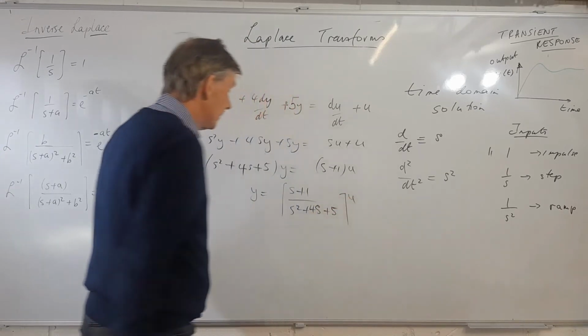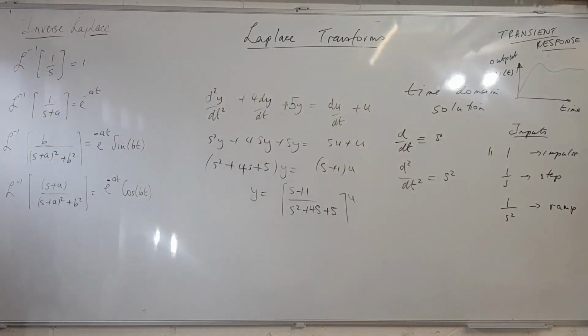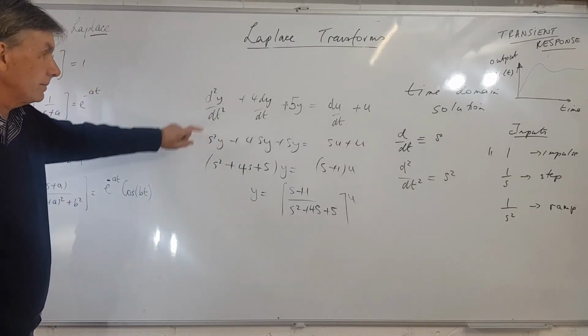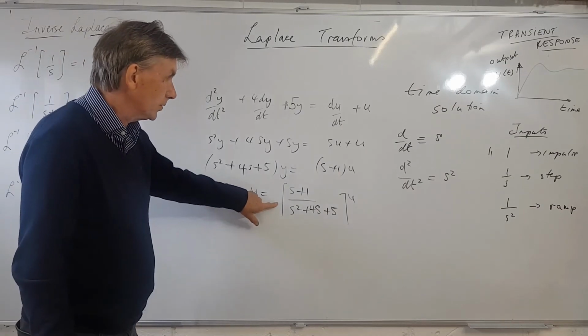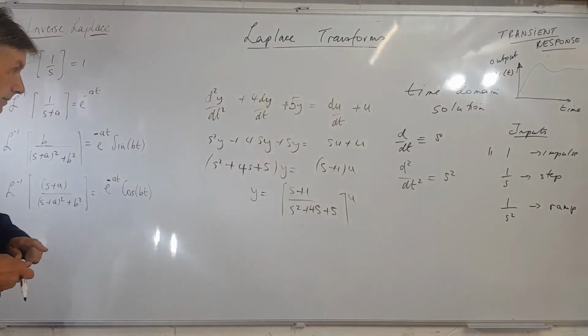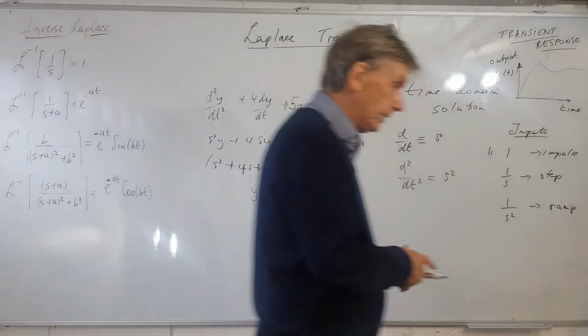times u. And so now we have our transfer function for the system from our differential equation, and now we're going to multiply the transfer function by the step and then split it into partial fractions. So let's have a go at doing that.